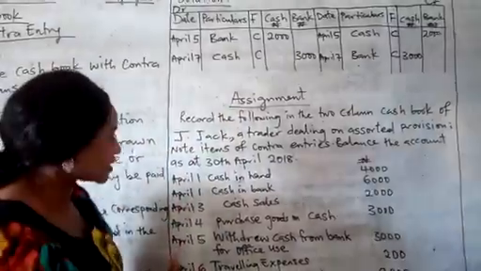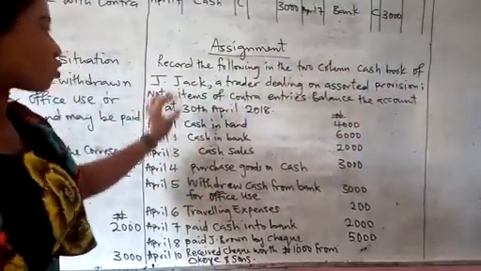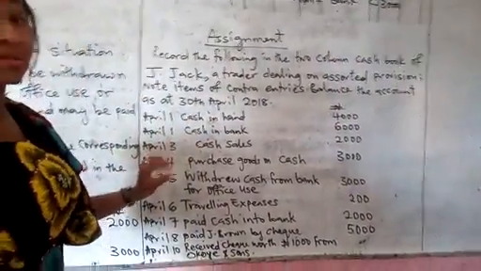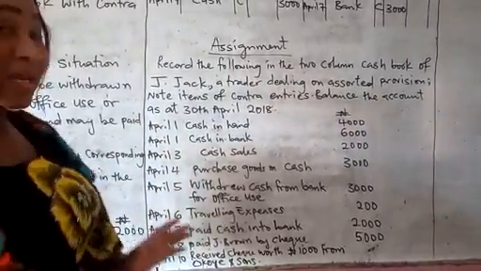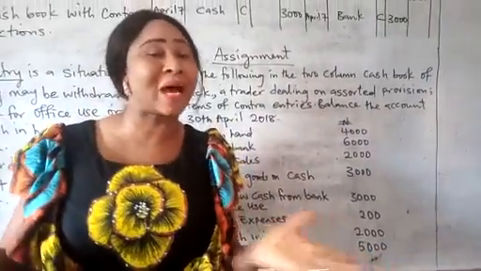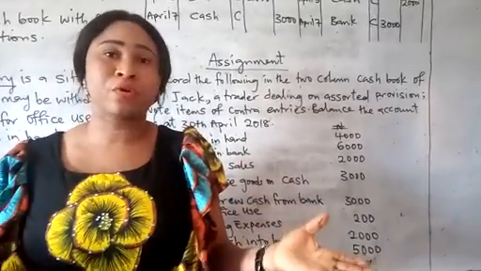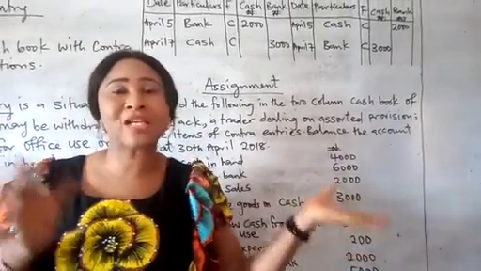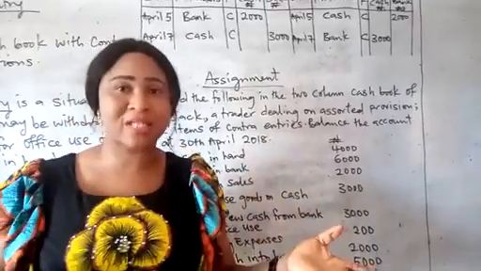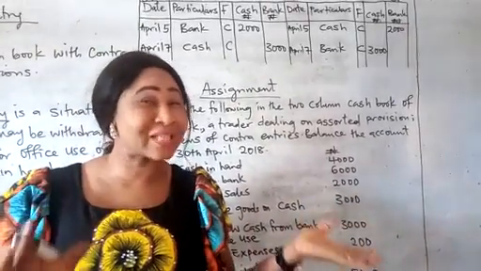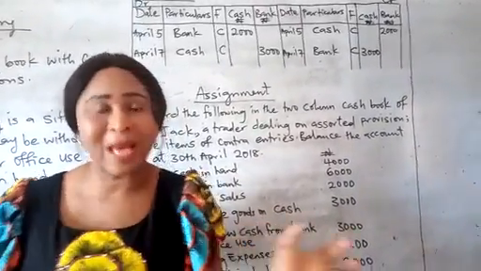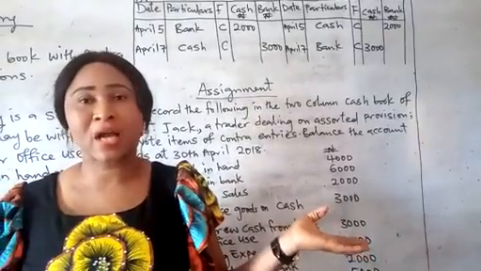Take note of those contra entry transactions and make your posting, and then balance the same way we balance our double column cash book. You balance the account, find the difference between debit and credit side, and that is your balance carried down, and then you balance the two sides of account.